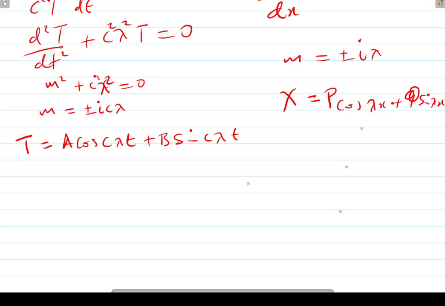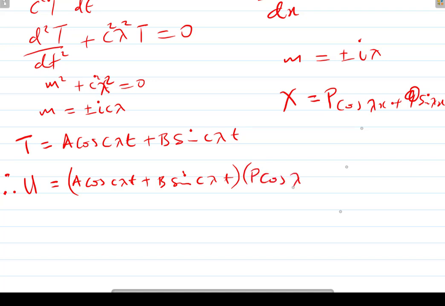So therefore our U will be equal to A cos c lambda t plus B sin c lambda t, times P cos lambda x plus Q sin lambda x.